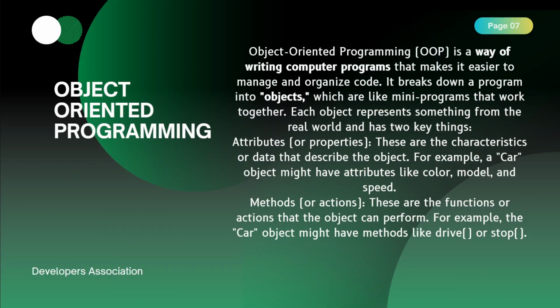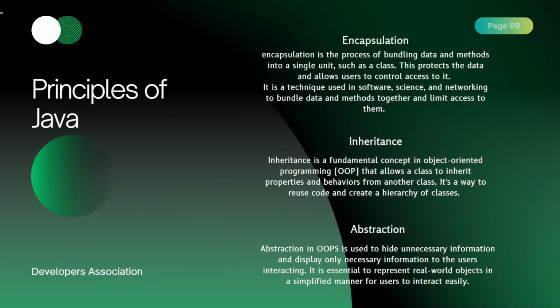Methods will be used soon in our programs. These are functions or actions that the object can perform. For example, the car object might have a method like drive or stop or even start.